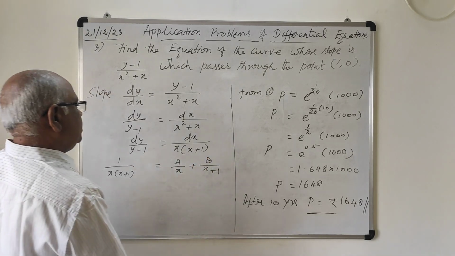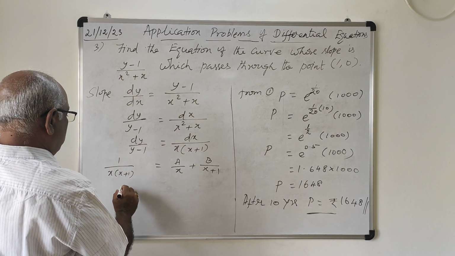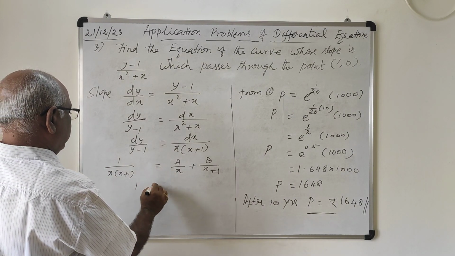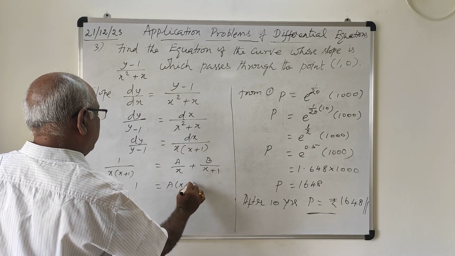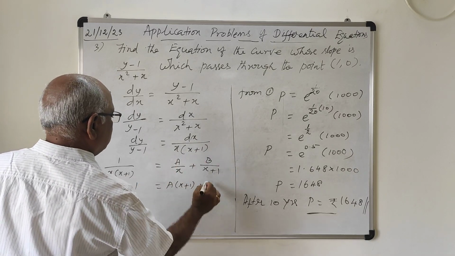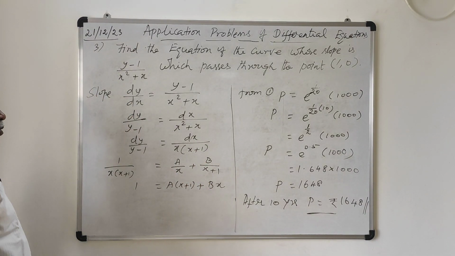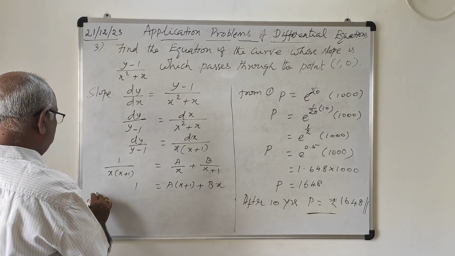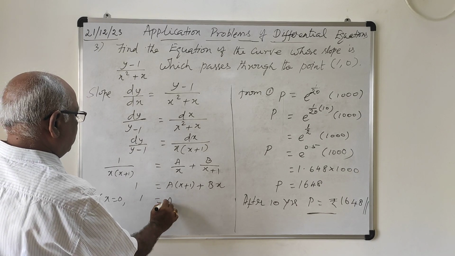Like that you have to split. Now, cross multiplying, numerator 1 equals a into (x plus 1), by the principle of partial fractions, plus b into x. Now, using the unknowns a and b, you have to determine them.